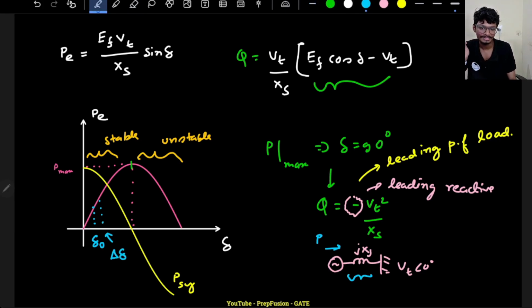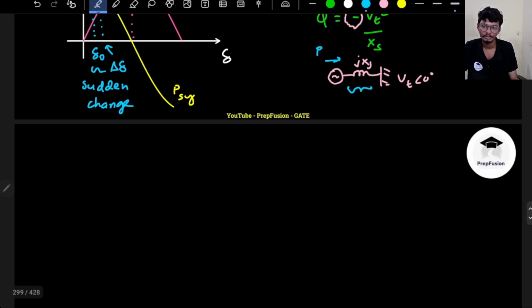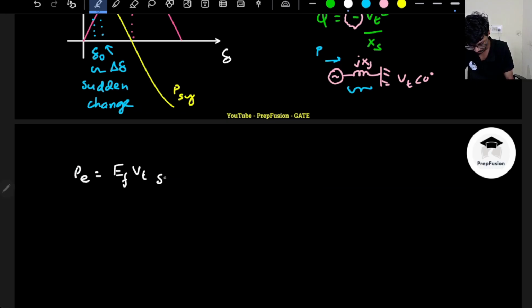So what will be the change in power? Here, a sudden change. Can I derive the P value? What is my PE? PE is EF VT sine delta divided by XS.